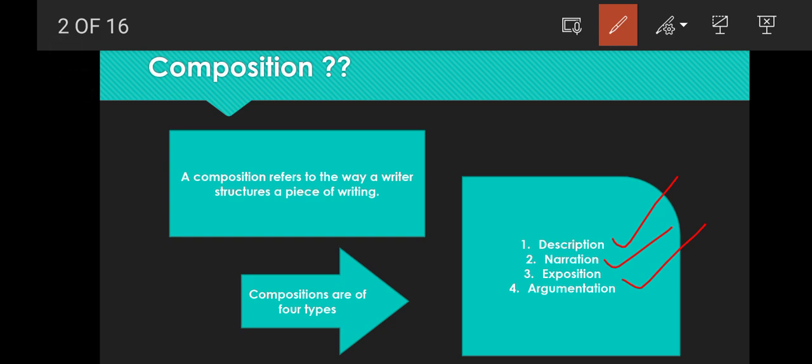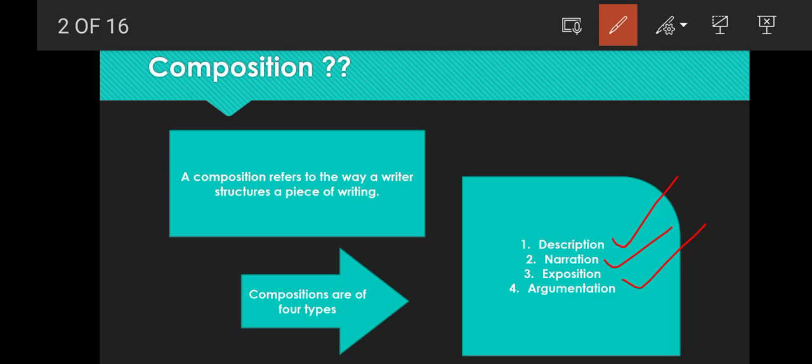So in exposition, while writing an essay or a composition, you start pondering that this is happening for real. Okay, this is a very interesting type of composition. You have to apply great effort to do this, because you have to do it as if it is going on alive, right?